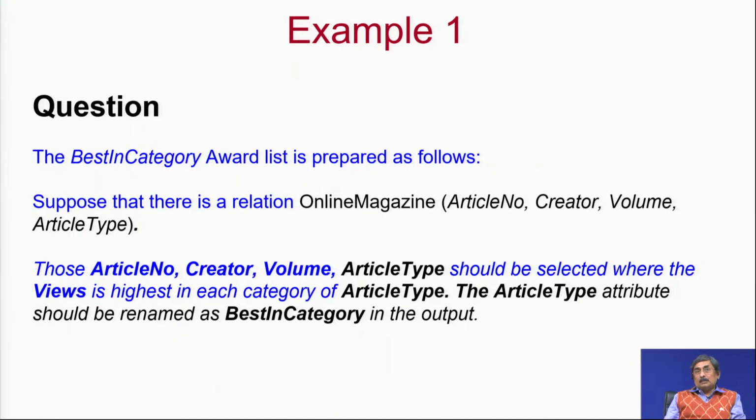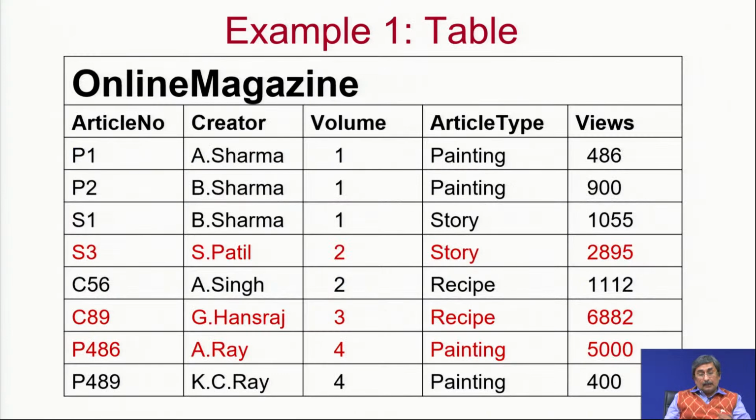And the question was, for a given article type, find out the largest view and report that particular view in your output. Not only that, change the column name article type to best in category. So, that was the question, and therefore, I created this particular table, kind of from imagination.